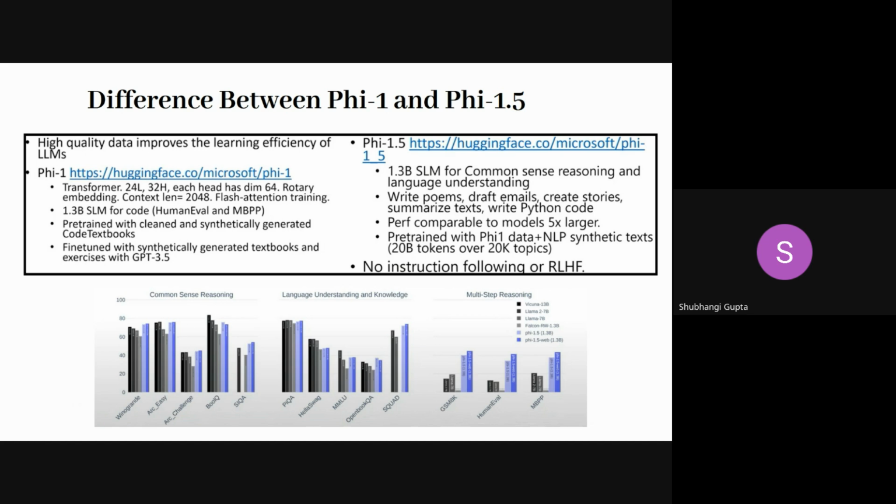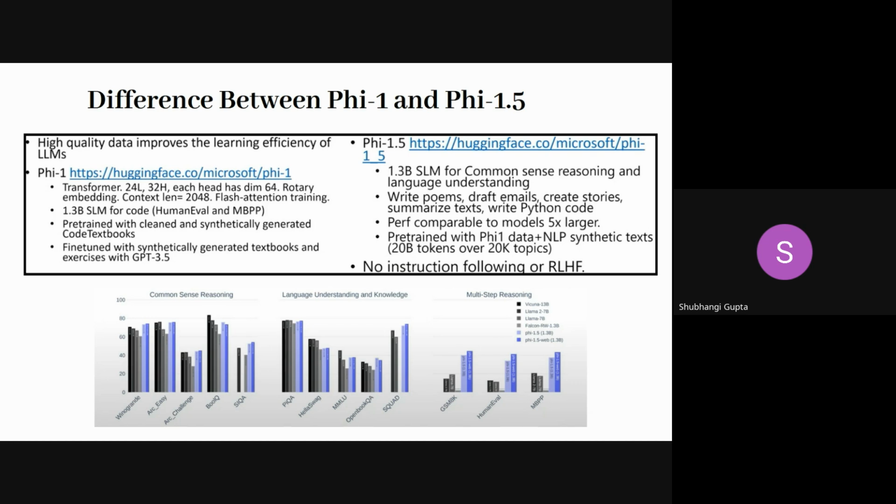It also has 1.3 billion parameters, the same architecture as Phi-1. But what needs to be noted is that it was pre-trained on not just the Phi-1 data, but also NLP synthetic text data, that is 20 billion tokens over 20,000 different NLP topics. So it could actually write poems, draft emails, summarize text, and write Python code as well.